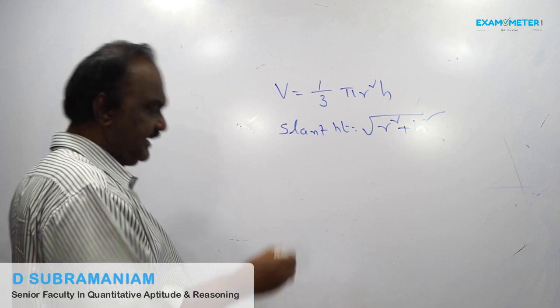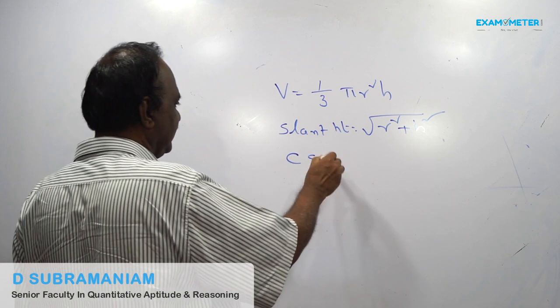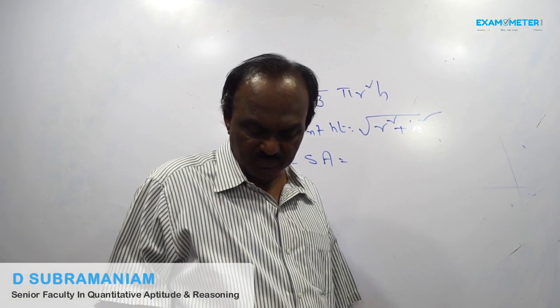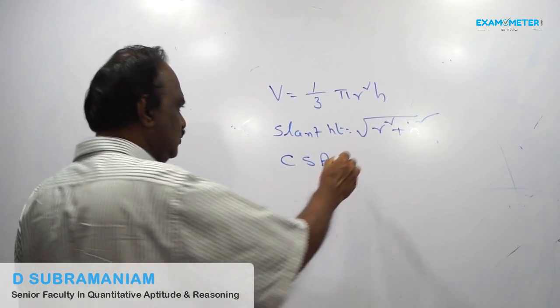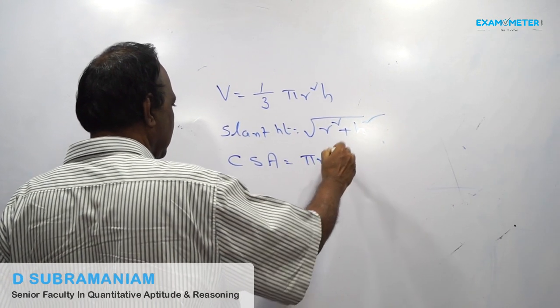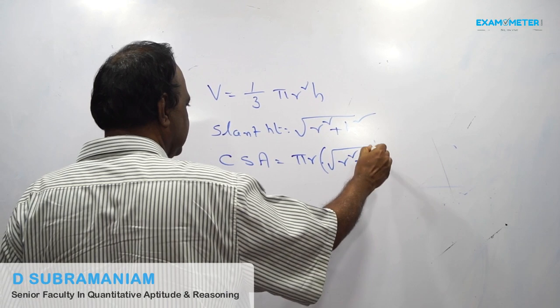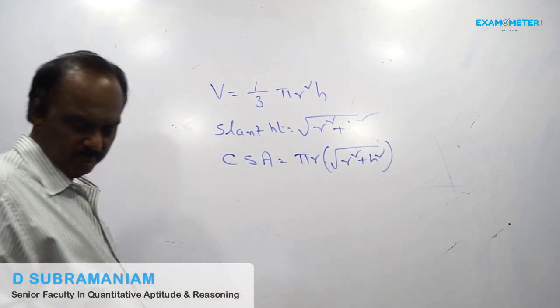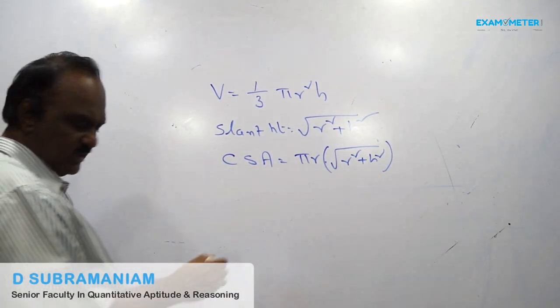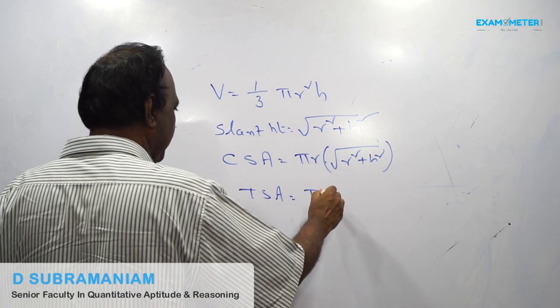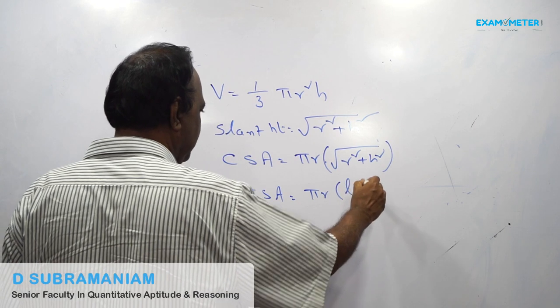Total surface area: first we will take curved surface area, pi r into root of r square plus H square, that is pi r L. Total surface area is equal to pi r into (L plus r).